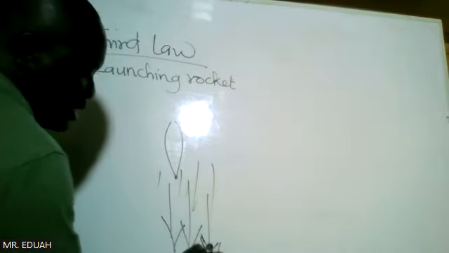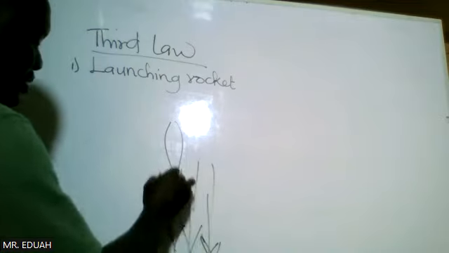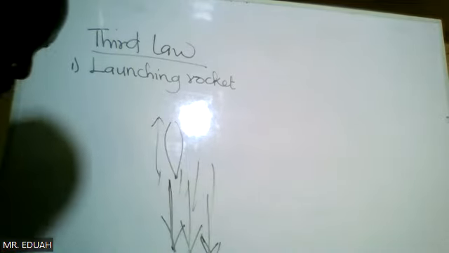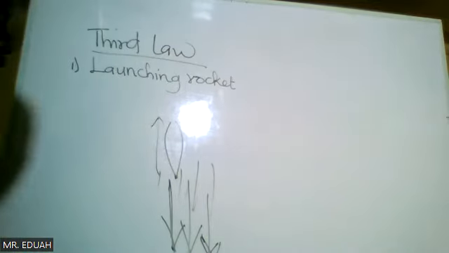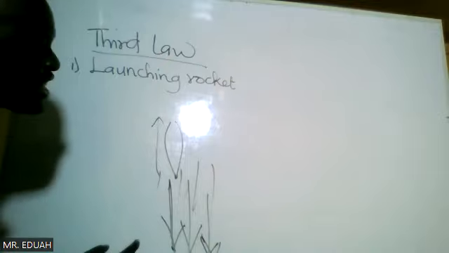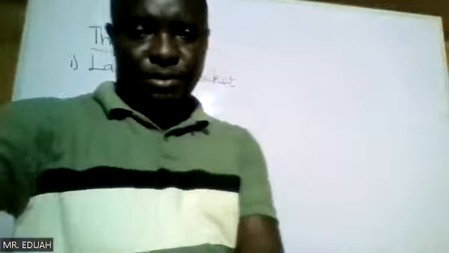But because Newton says that forces move in pairs, whilst there's a force, there will be a reversal force on the rocket. So as the gas is made to escape, that reversal force is what pushes the rocket up.